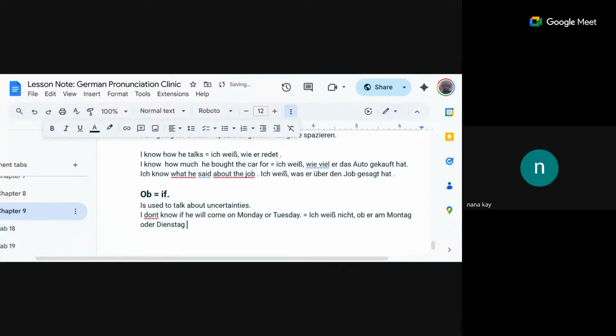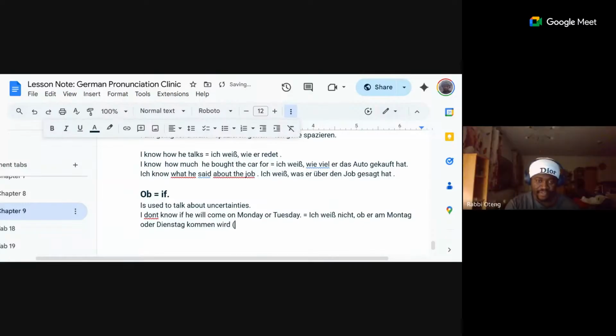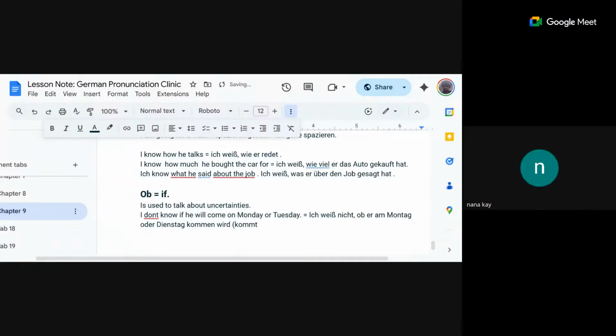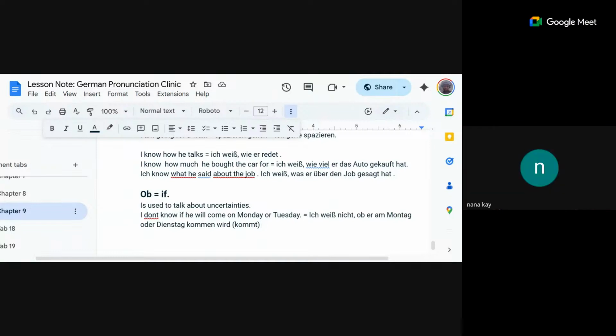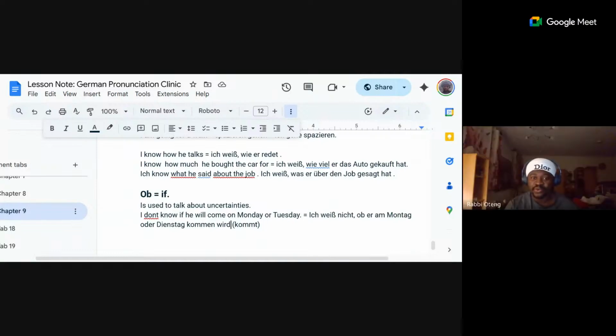Kommen, wir, kommen wir. Oder einfach kommt, because we've already used Montag and Dienstag to determine the time. Okay, so normally when we mention a time we won't use werden.